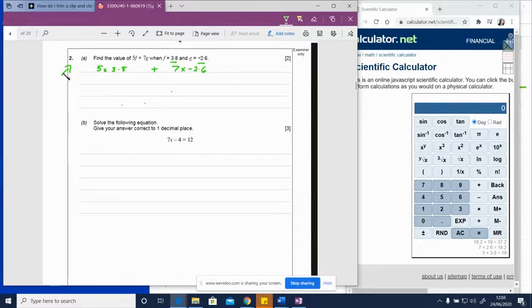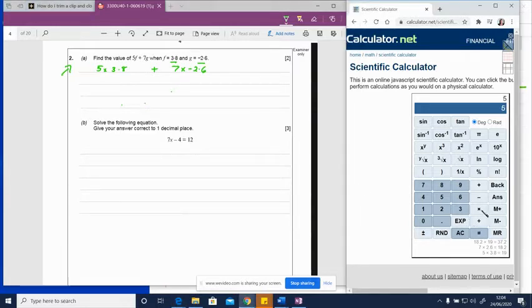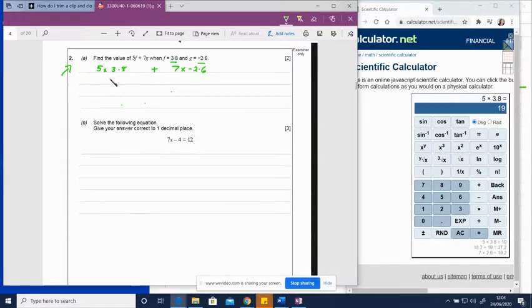So I'm going to do the first bit, 5 times 3.8. Go over to my calculator, 5 times 3.8 is equal to 19, plus 7 times minus 2.6.